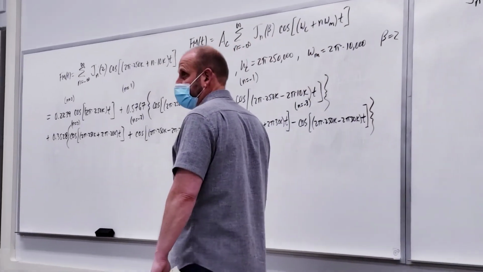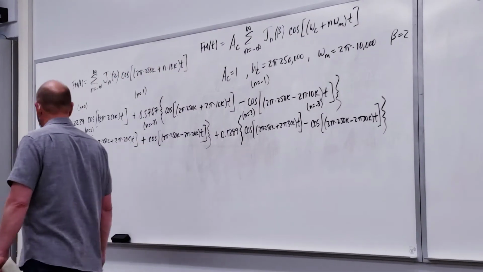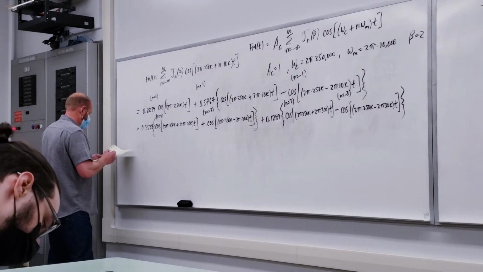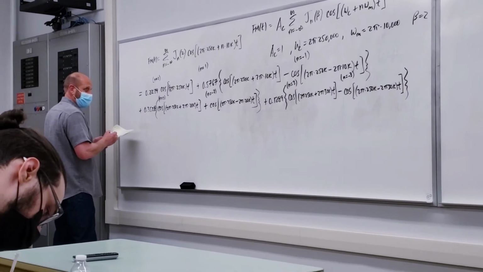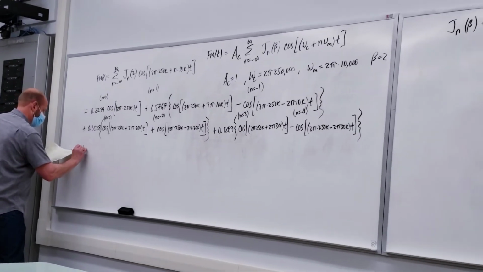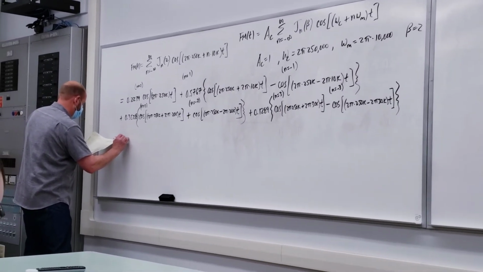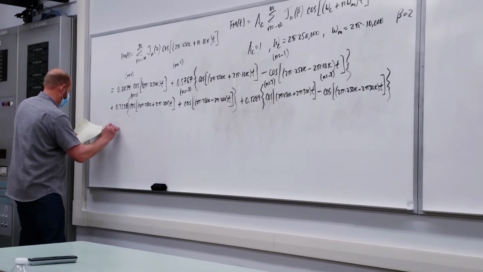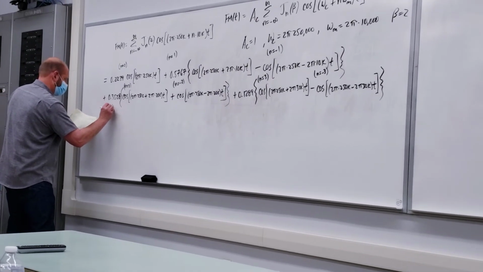See the pattern emerging here. It's not that hard. It's not very difficult. Let's do one more. You guys will have to do a little more at home, but I'm getting tired of this. As probably are you. All right, the last one I get is the n equals 4 term.